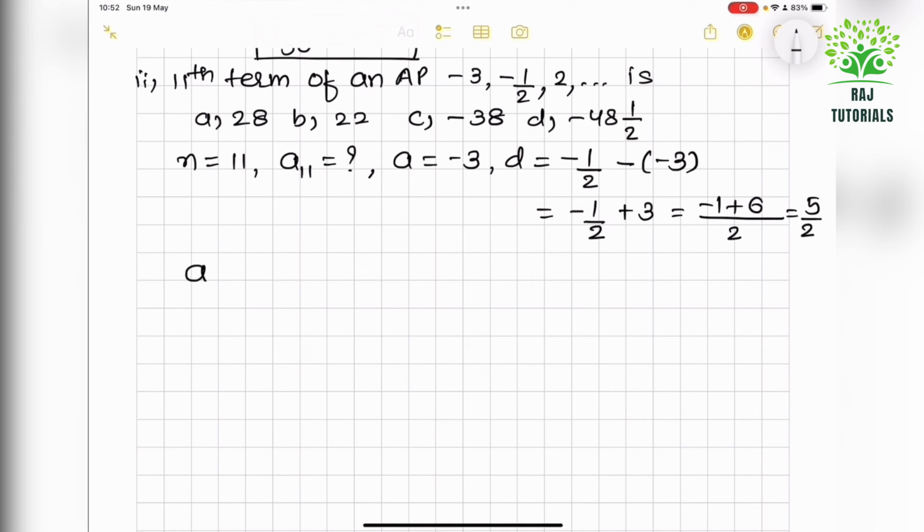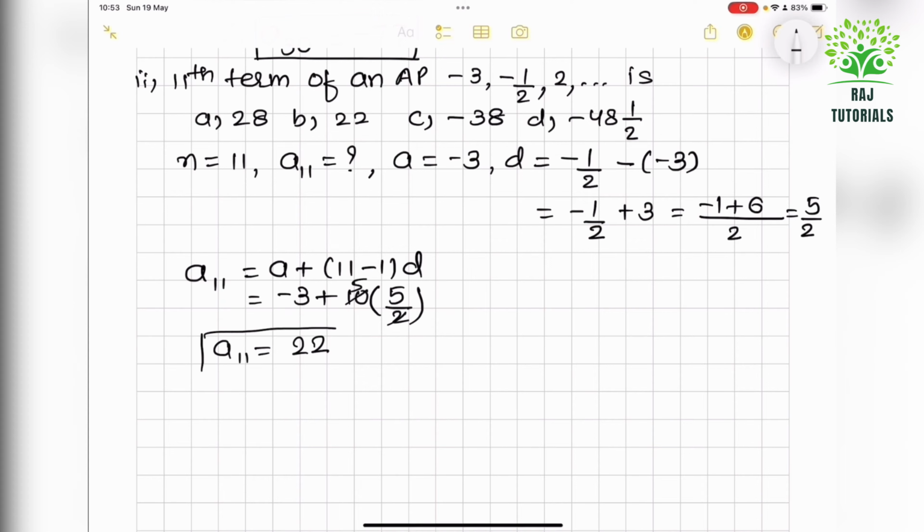Now I need to find A11. So a plus (11 minus 1)d, so that will be minus 3 plus 10 into 5 by 2. So 2 fives are 25, minus 3, so that will be 22. So A11 will be 22.